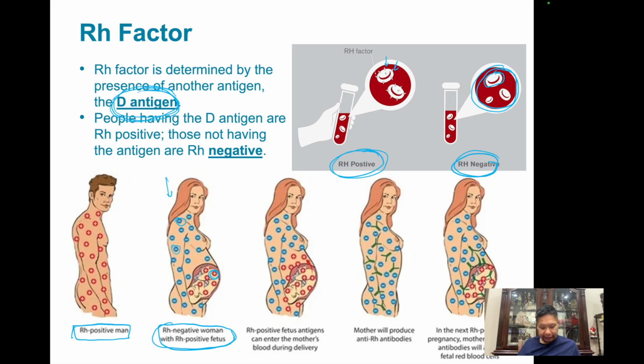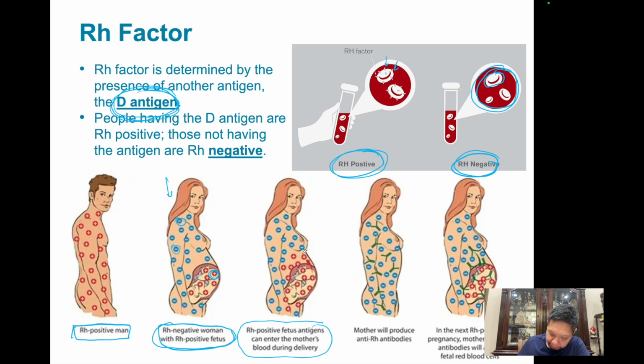And during the first pregnancy, everything's fine. The first baby that she gives birth to will be fine. There will be no complications. But the problem is that when she delivers the baby, there's a lot of blood and fluids mixing between the fetus and the mother.